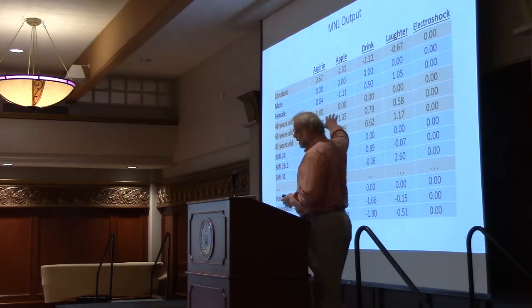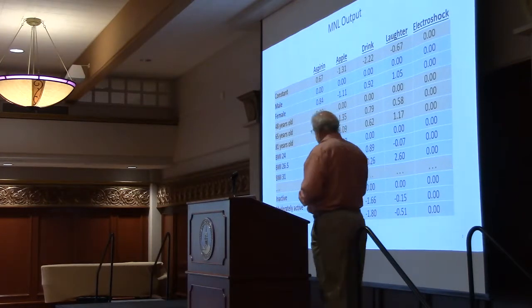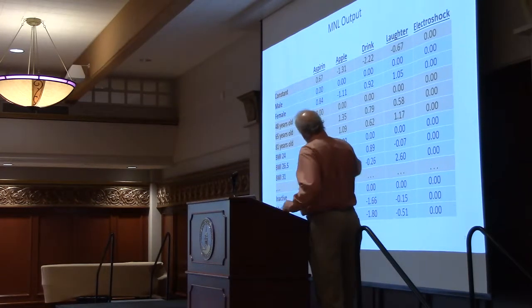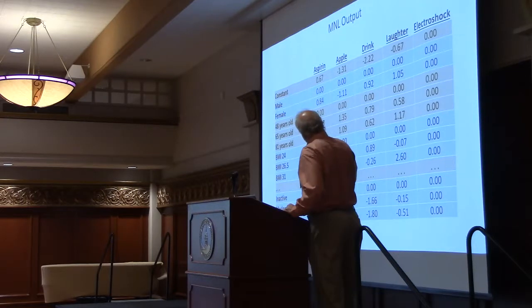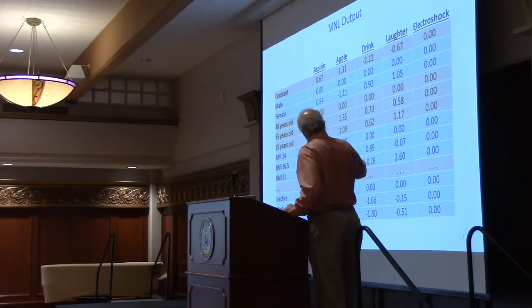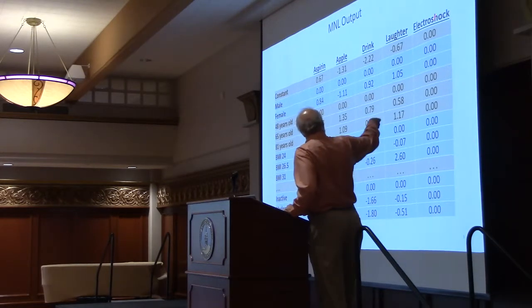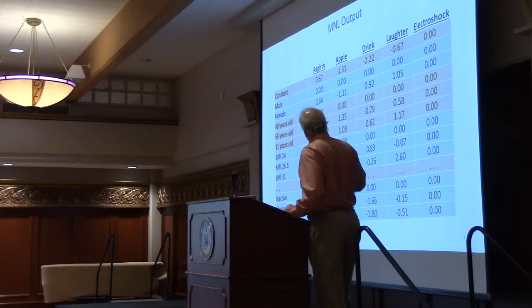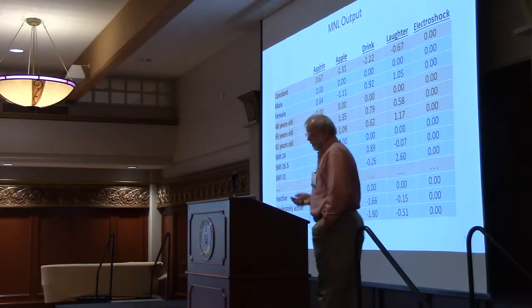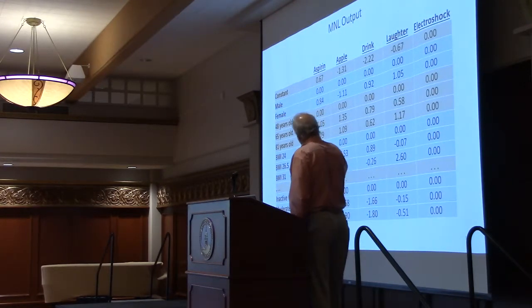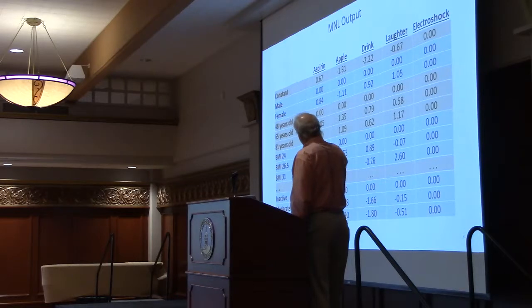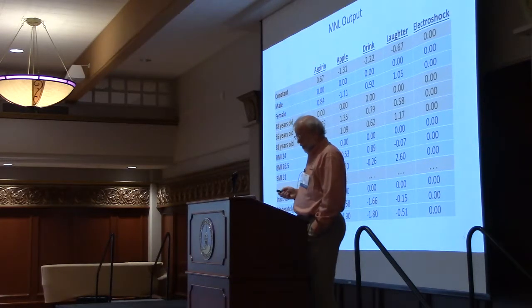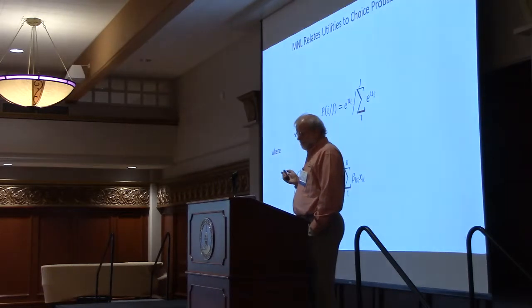So this is just a little example of what the output might look like here. I get a vector of coefficients for each of the levels of my outcome variable. I use one of them as a reference level, and then I have a set of these utility functions, one for each other alternative, and one for each level of each experimentally designed variable in my questionnaire.